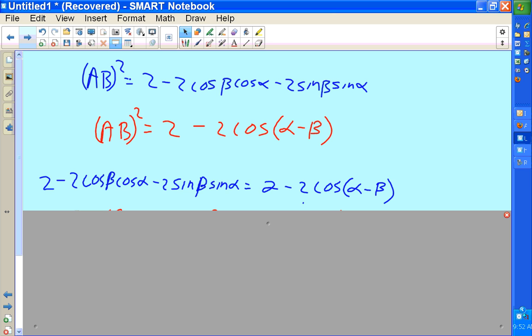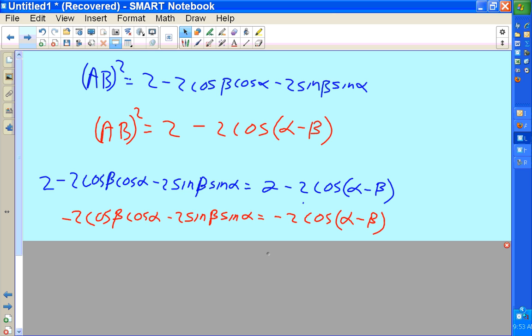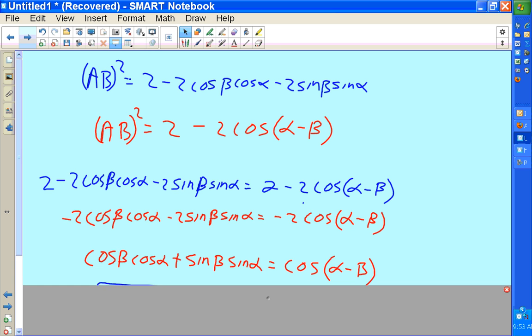So 2 minus 2 cos beta cos alpha minus 2 sine beta sine alpha is equal to 2 minus 2 cos alpha minus beta. And that looks just like a big mess. And it is. Notice that there's a 2 on each side. If you subtract the 2, and then if you divide everybody by 2, you'll end up with cos beta cos alpha plus sine beta sine alpha is equal to the cosine of alpha minus beta.